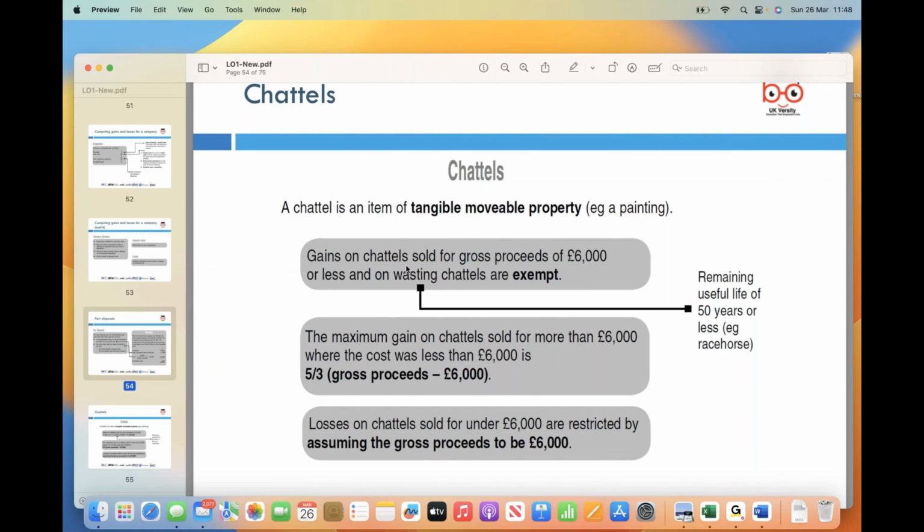Gains on chattels sold for gross proceeds of 6,000 pounds or less, and wasting chattels, are exempt.